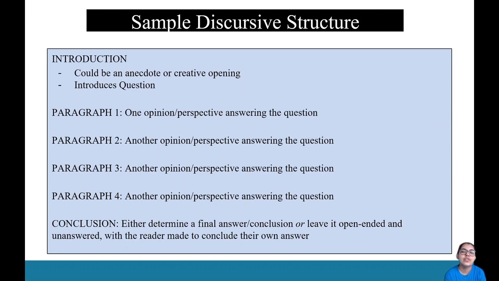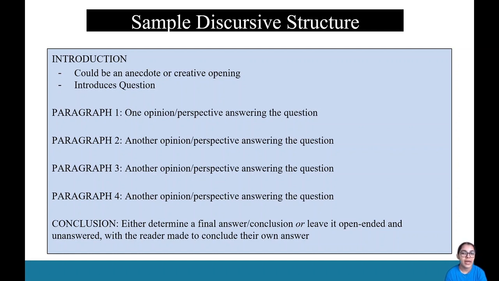Okay, so this could be a sample structure for a discursive piece of writing. Again, you don't necessarily have to follow this, but this could be one way to go. For example, you could have an introduction that can be a creative opening, or it could be an anecdote. Anecdotes are a good place to start. This part basically introduces the question, and it introduces the structure of your writing, like the arguments you're going to use and how you're going to present them.